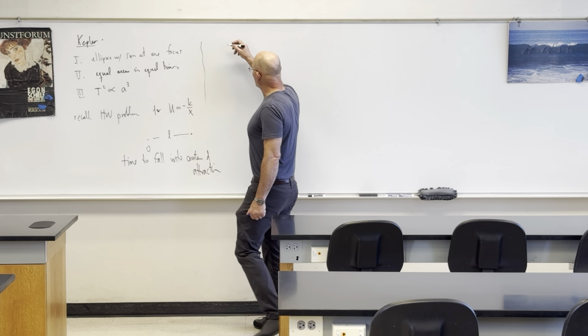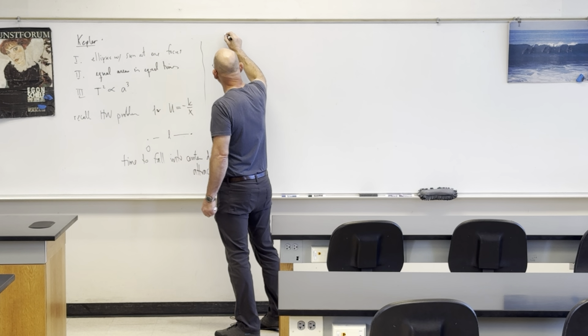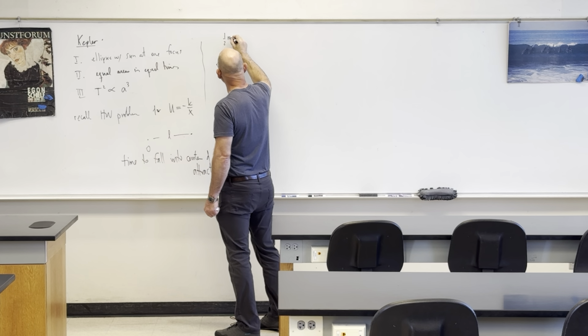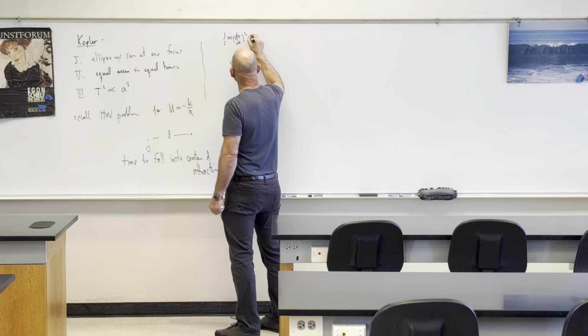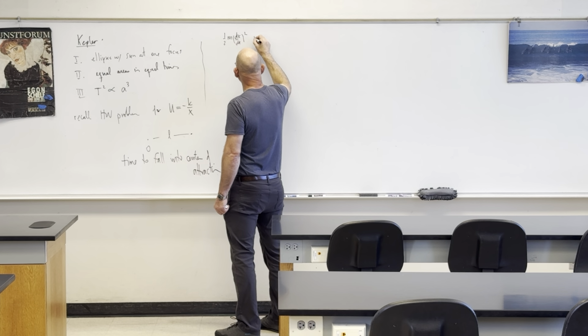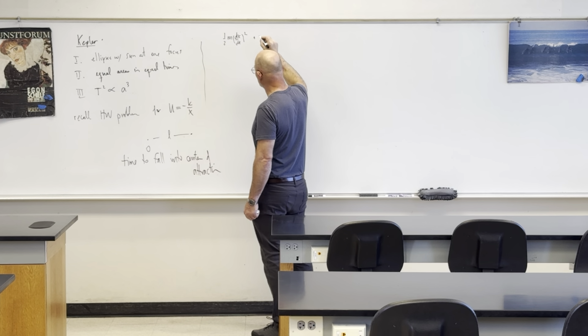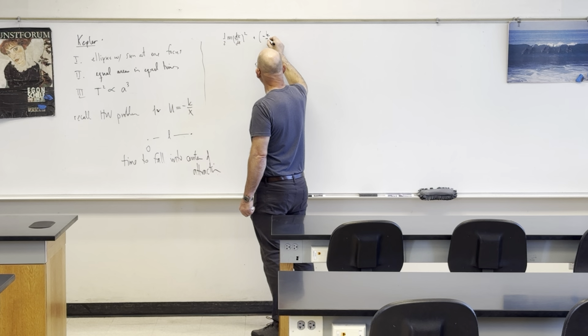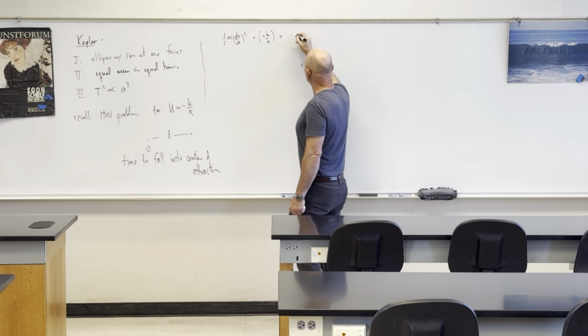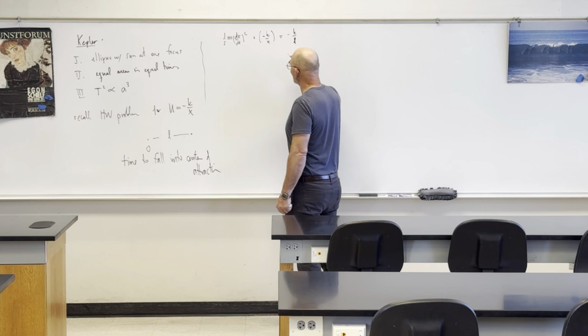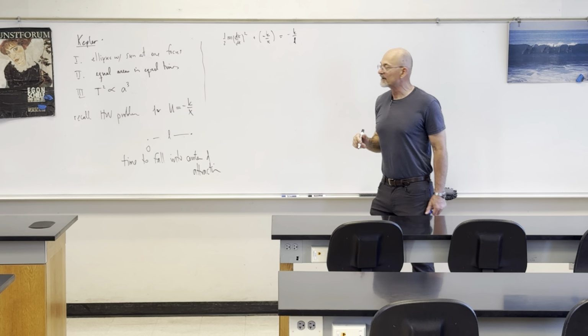Okay. So at the time we had the following. We had 1/2 m (dx/dt) squared plus U of x, which was negative k over x, equals E, which was negative k over L, because we were releasing it from rest.